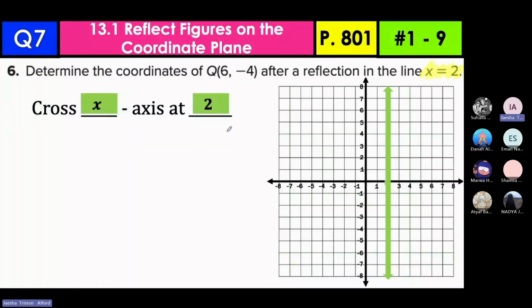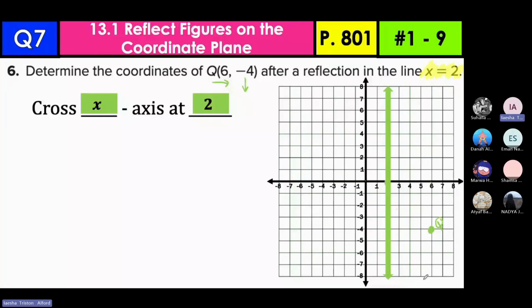Then we need to see where is Q. How do we know where is Q? The 6 is positive, so right, and down 4. So from 0, go 6 right and down 4.